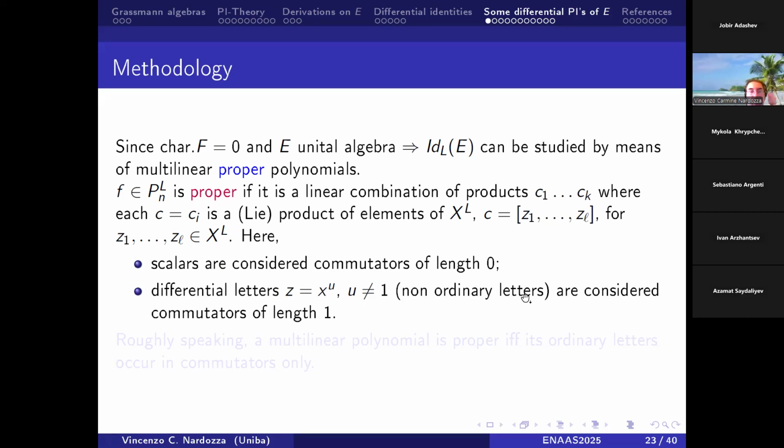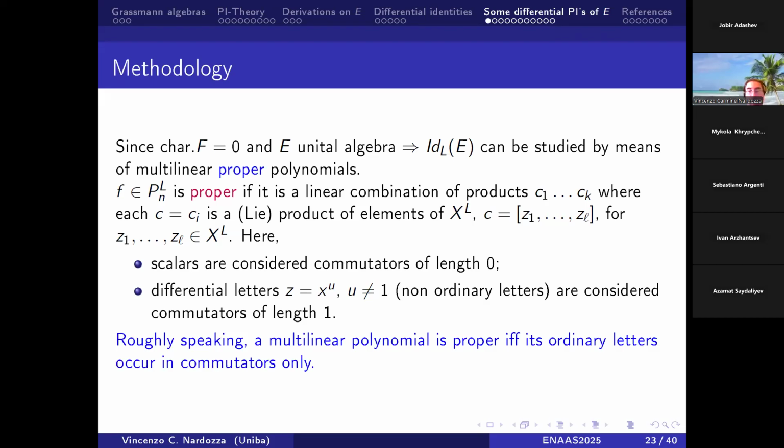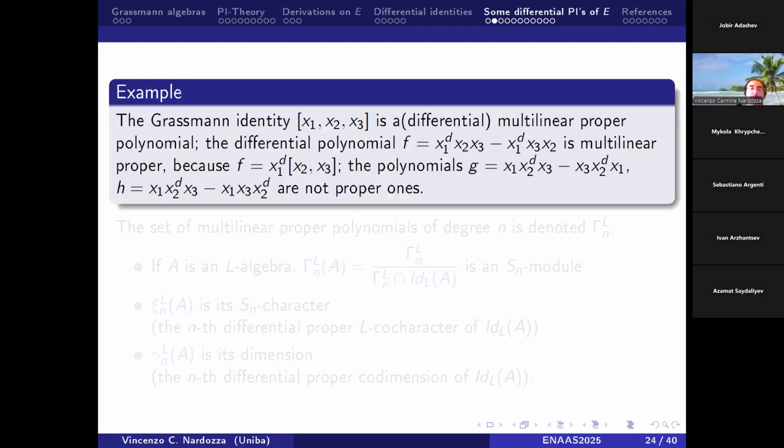So in fact, this definition means that a multilinear polynomial is proper if and only if its ordinary letters occur in commutators only. The other ones can go outside commutators. For instance, the Grassmann identity is a multilinear proper polynomial; in particular, it is a differential multilinear proper polynomial because these are ordinary letters.